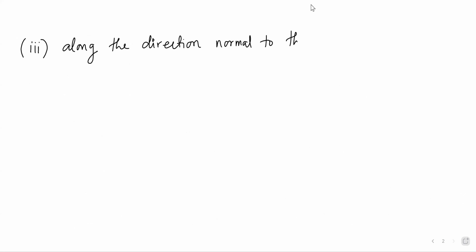So the third type here: along the direction normal to the surface x square plus y square plus z square equal to 9 at the point (1, 2, 2). Now this is the third variety of question.